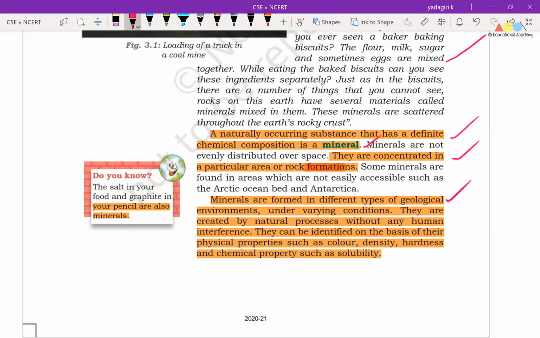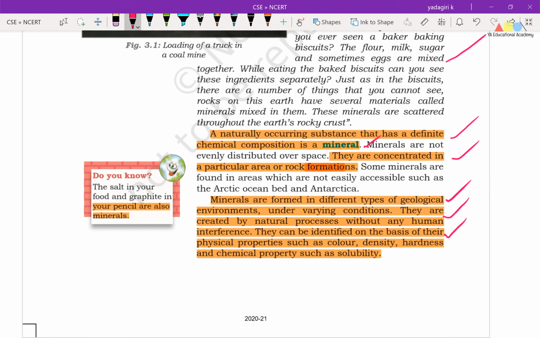Friends, minerals are formed in different types of geological environments under varying conditions. They are created by natural processes without any human interference. So they have formed due to natural reasons, natural processes.